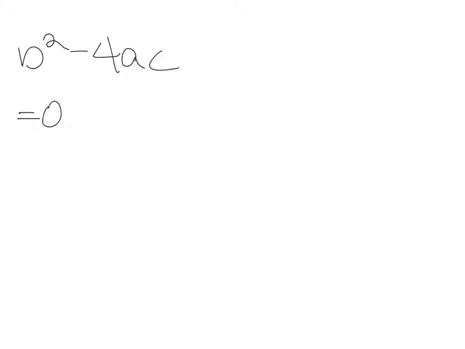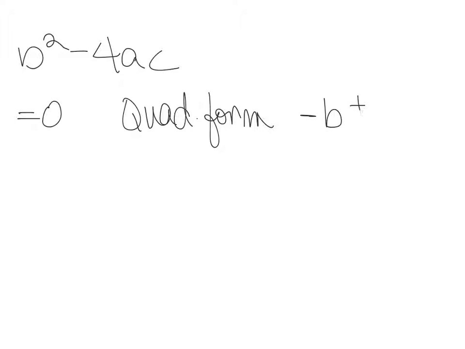When it is equal to 0, what happens? So when the discriminant is 0, the quadratic formula sort of simplifies, doesn't it? It simplifies to negative b plus or minus 0 over 2a, or just plain negative b over 2a. That is what the quadratic formula simplifies to when the discriminant is 0, right?